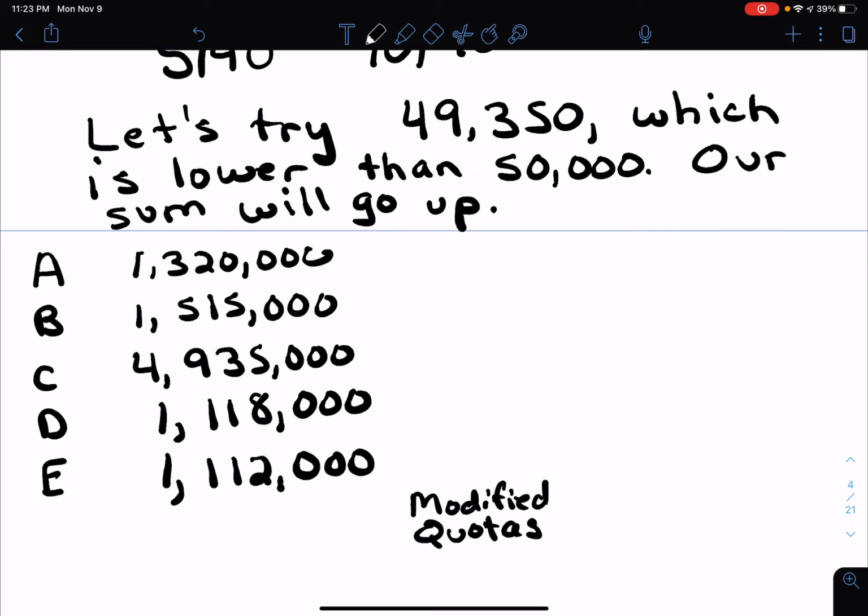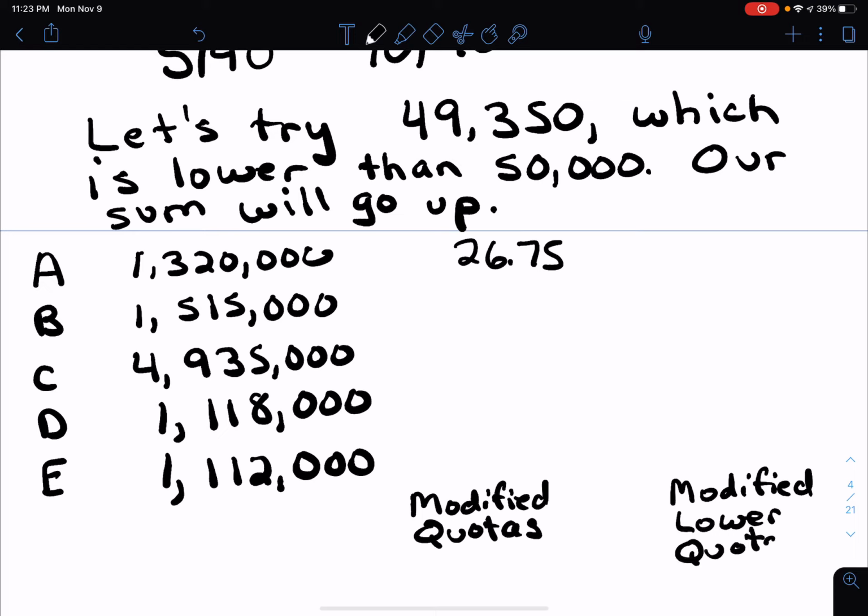So we're going to take 1,320,000 and divide by 49,350. And we get what? 26.75. Okay. And since we're using Jefferson's method, we want the modified lower quota.